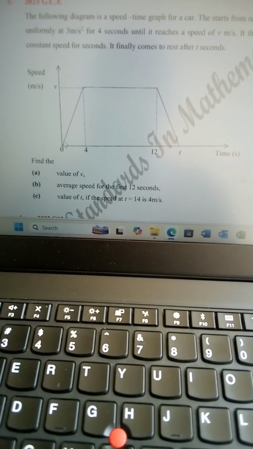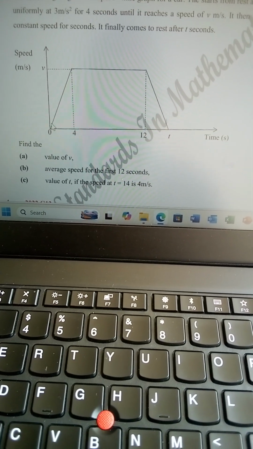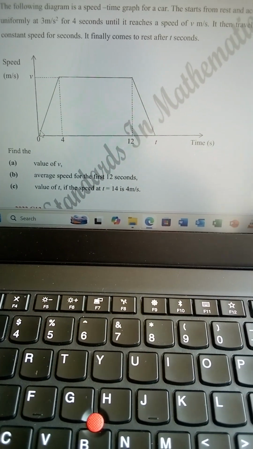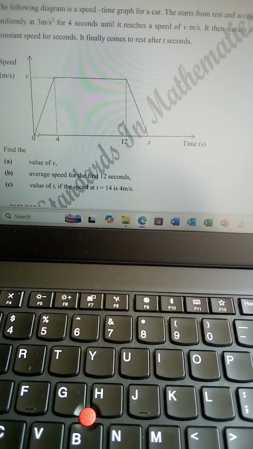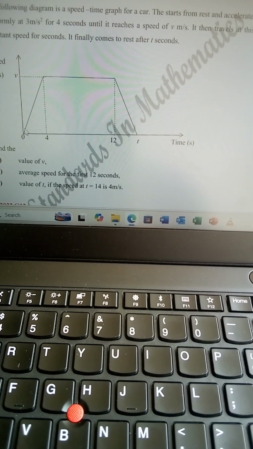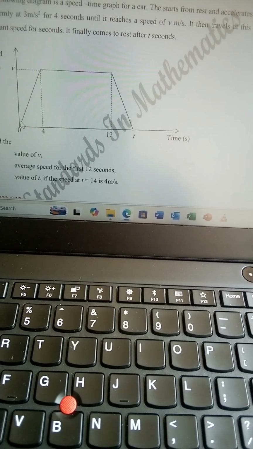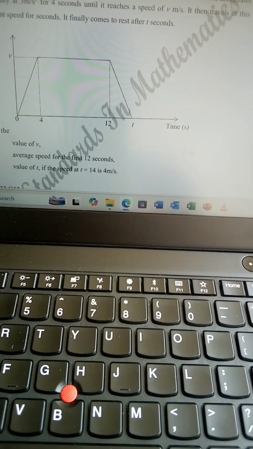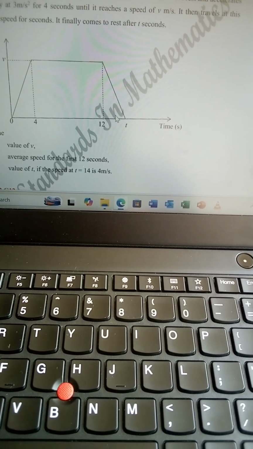And then the last one, they are saying find the value of t if the speed at time 14 is 4 meters per second. So what you are going to do there, you are going to extract the last triangle, because if you estimate, 14 seconds is supposed to be here.